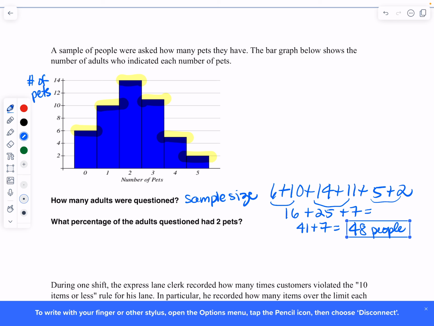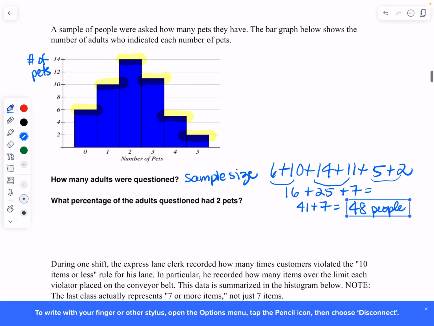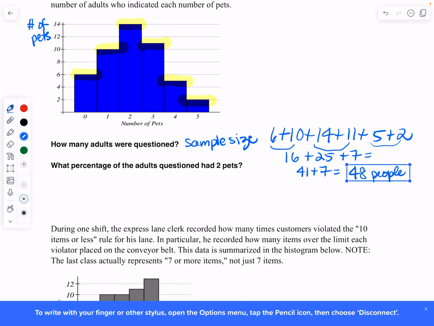Okay, all right, now let's look on. What percentage of adults questioned had 2 pets? So to find the percent, I'm going to take the sample size, which we know is 48, and we're going to take the number of people who own the pets. So we have to find that.